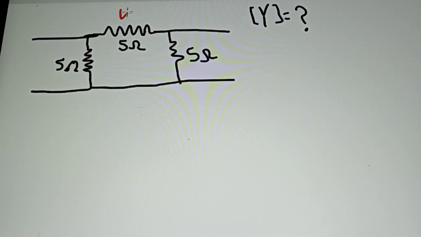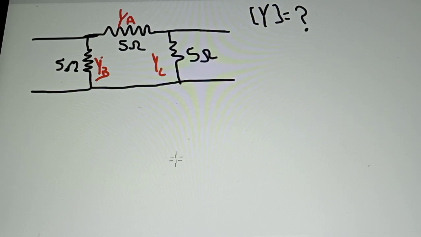the first thing you need to do is name these admittances YA, YB and YC in anti-clockwise direction. See, this is YA, then this will be YB and this will be YC.